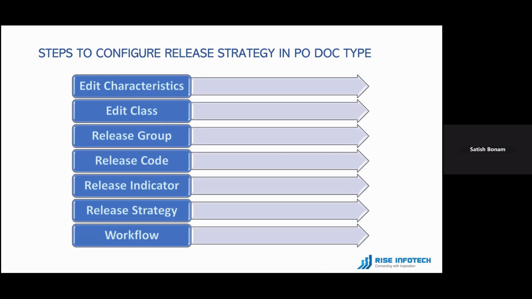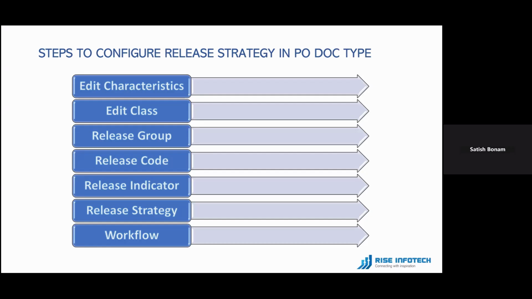The next one is the release group, a group of persons responsible for releasing the purchasing documents with the assigned strategy. And the release code. The release code is a two-character ID that allows a person to release, clear or approve a requisition or an internal purchasing document.